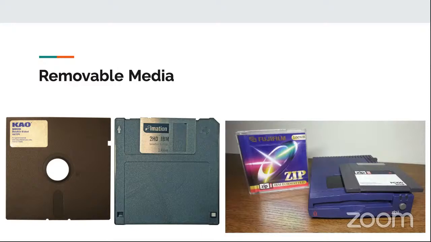Zip drives are the higher capacity alternatives to floppies. Nonetheless, you will probably still find them around. And last is the magnetic tapes.